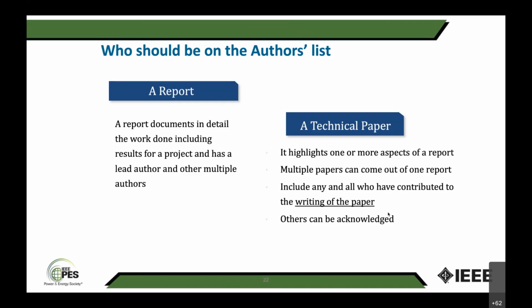So if they did not write anything for the paper, their name should not be there. Yes, they may have helped you to understand the problem. They've given you some data. For that reason, their name can be acknowledged, but they cannot be an author. There's a difference. Okay, so acknowledge them, but no author.